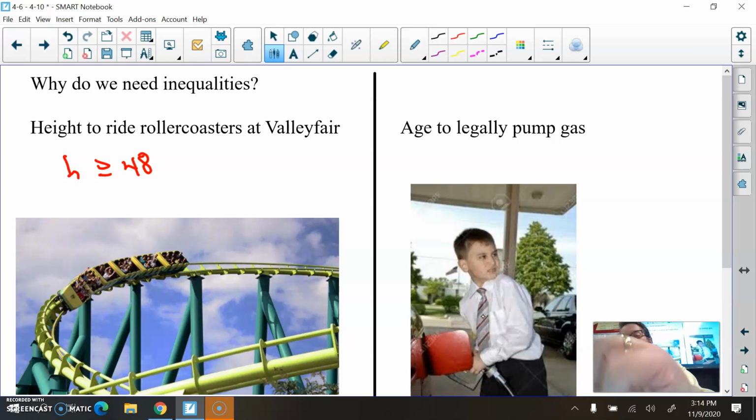So I could write an inequality for that and say your age, let's call your age a, must be greater than or equal to 16. Meaning that if you are 16 years old, yes, you can pump gas legally at the gas station. But also, if your age is greater than 16 years, you can also pump gas legally.